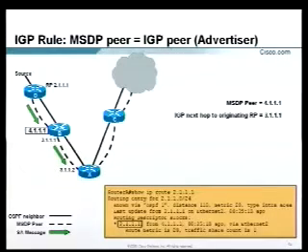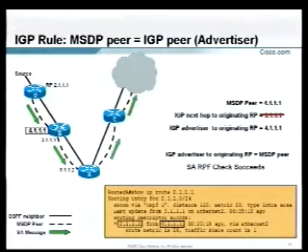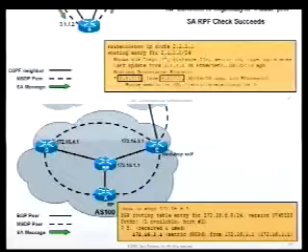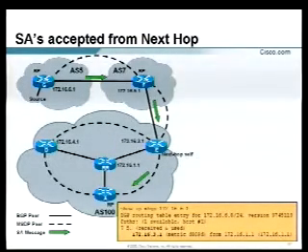The next hop towards the originating RP is 3.1.1.1, so normally we'd fail, but we do have the advertiser of the originating RP, which is 4.1.1.1, so we're all happy. RPF check succeeds. So just be aware of that. If it's a requirement of yours that you want to be able to use an IGP, then just be aware that there's code out there now in EFT form that you can use.